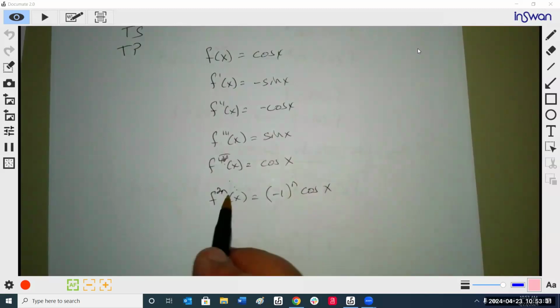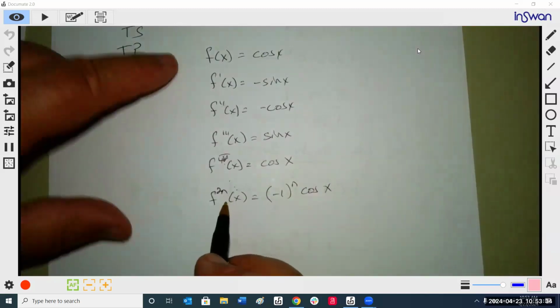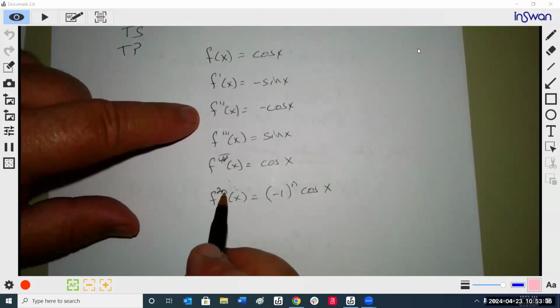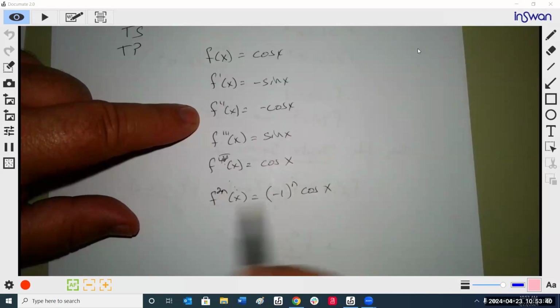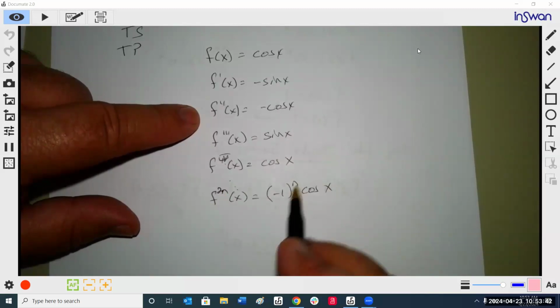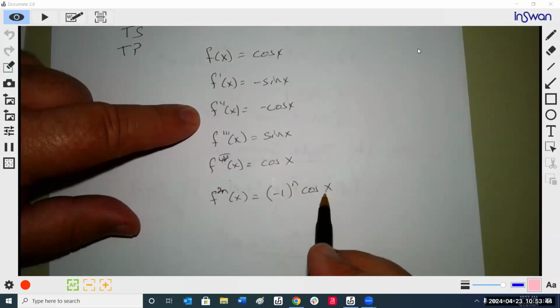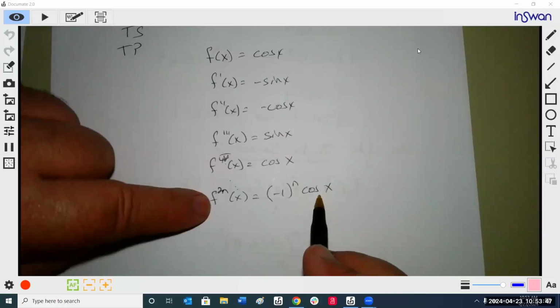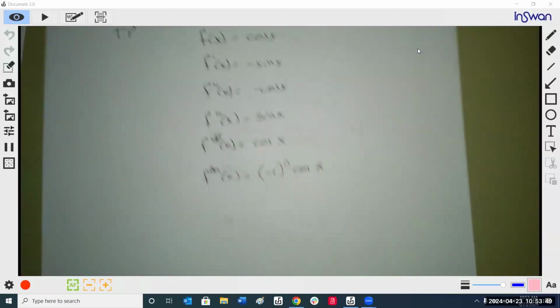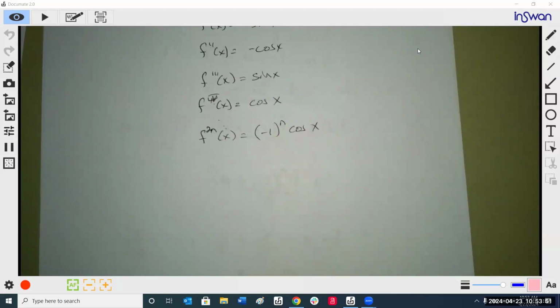Let's test this. The sixth derivative would be negative, 3, 4, 5, 6. It would be a negative value again.